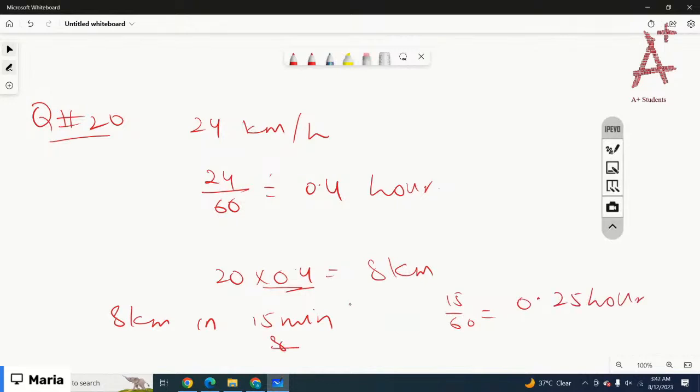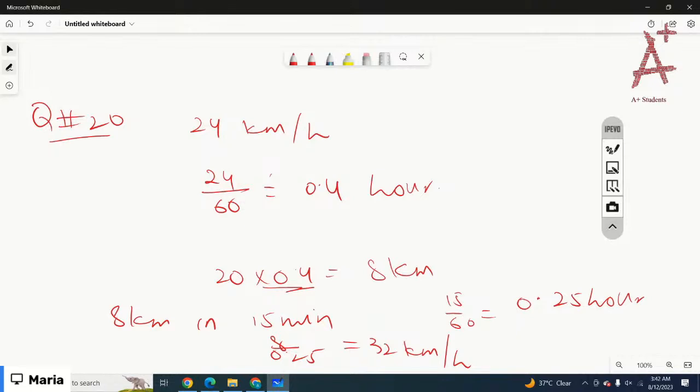So 8 over 0.25 is 32 kilometers per hour. That means in 1 hour he has to cover 32 kilometers. Usually he will do 20 kilometers per hour, so if he is late he has 15 minutes to reach there, so he has to do 32 kilometers per hour, right?